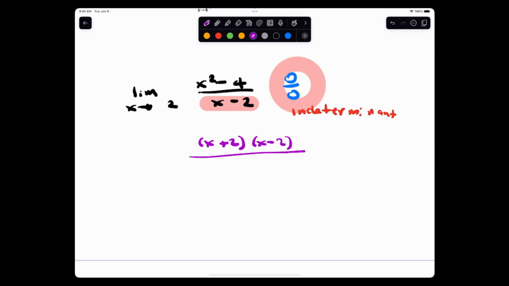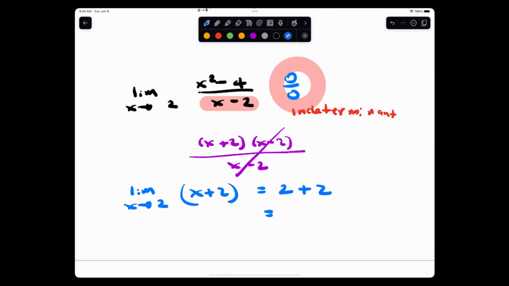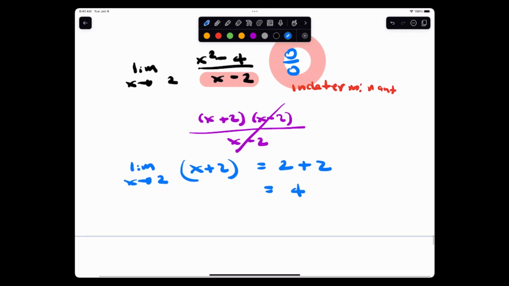You're going to factor, ladies and gentlemen, and your x minus 2's go away. So this question is the same as the limit as x goes to 2 of x plus 2. And so by direct substitution, plug in the 2. What's 2 plus 2? 4. This, ladies and gentlemen, is the limit.